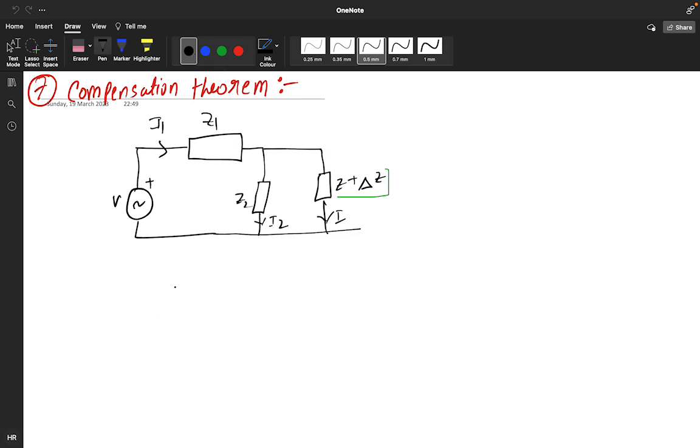Suppose I have a circuit V, and here I am getting some I1 dash current.